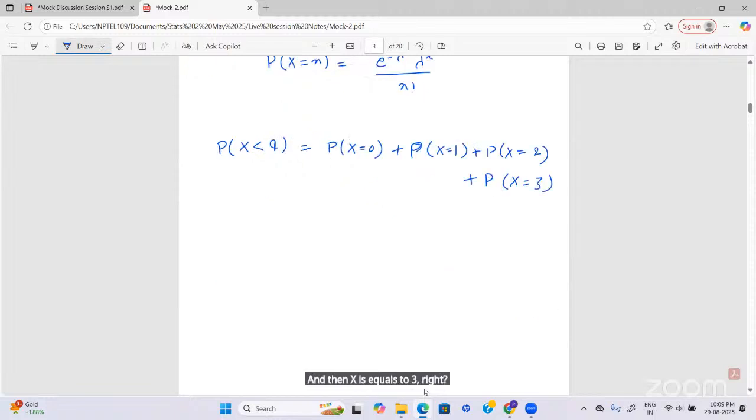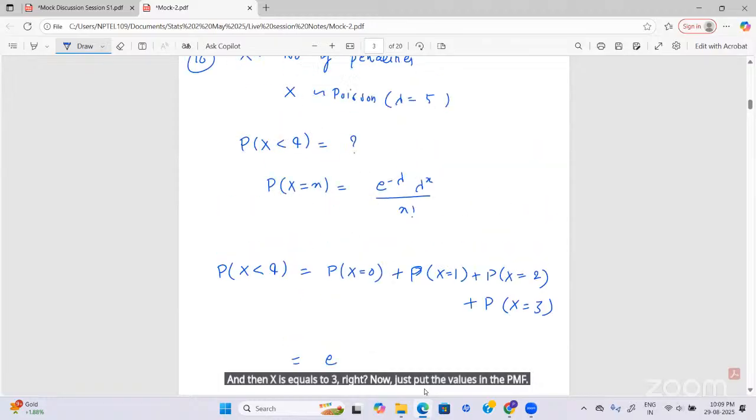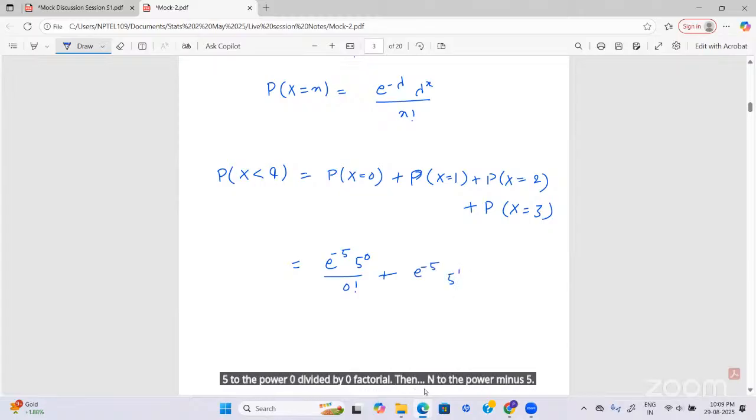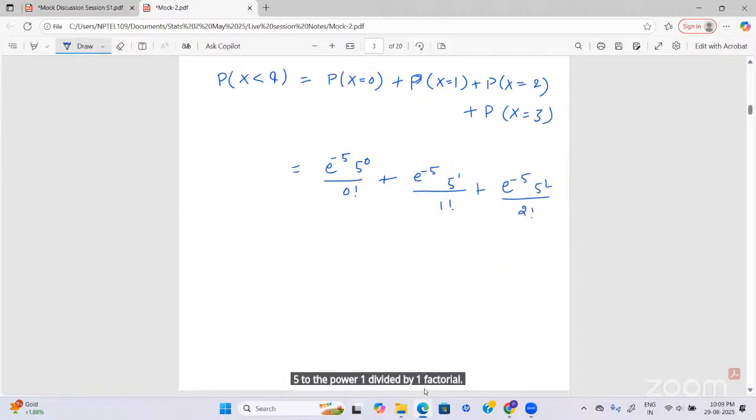Now just put the values in the PMF. Lambda is 5, so e to the power minus 5, 5 to the power 0 divided by 0 factorial, then e to the power minus 5, 5 to the power 1 divided by 1 factorial. Okay, is this clear?